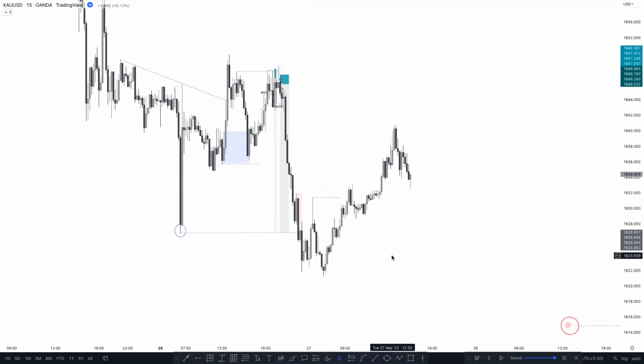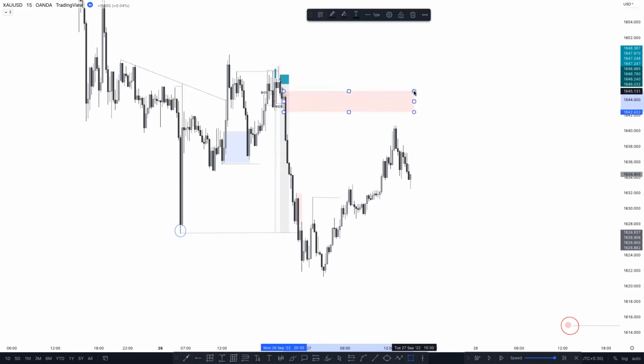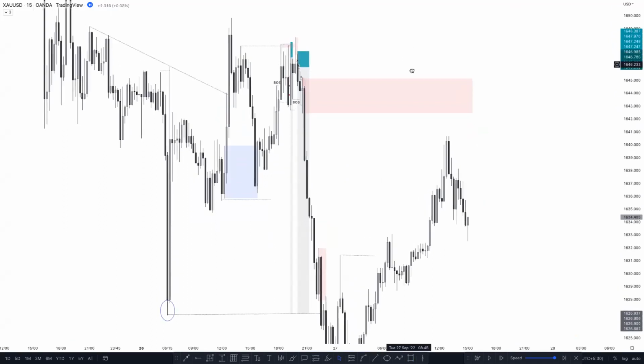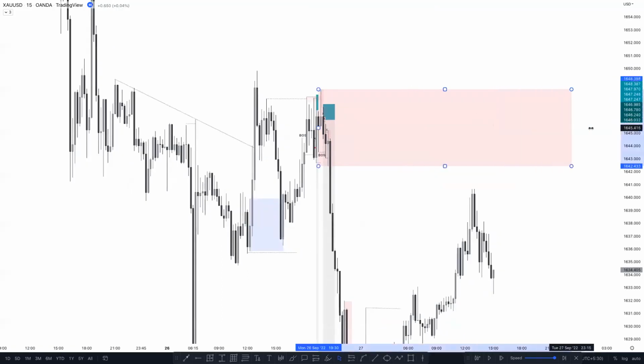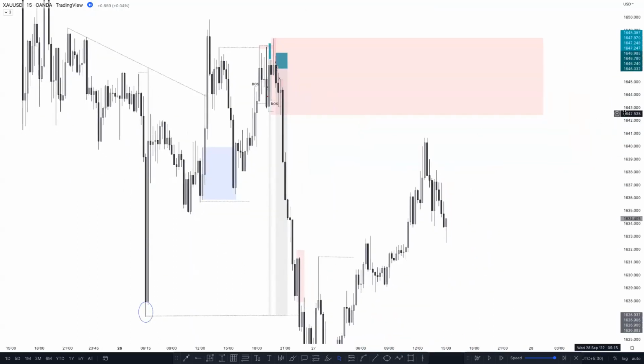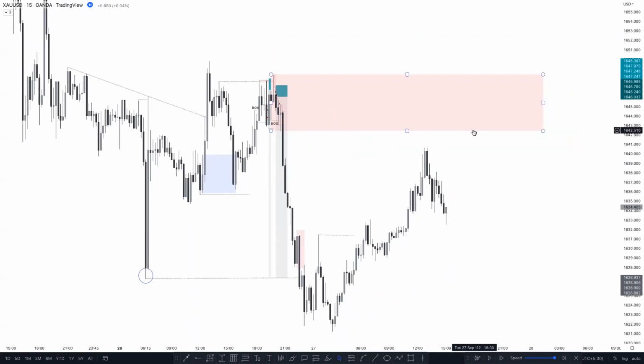After tapping the inducement, where is our order block? It is here, right? But technically, you can see this order block has not taken out the liquidity, right? So we can use the entire zone like this, this is the order flow. Okay. So if price taps here, then we can switch into a lower time frame for sell, and until it taps this zone, we can short term buy. The market has taken out the inducement.